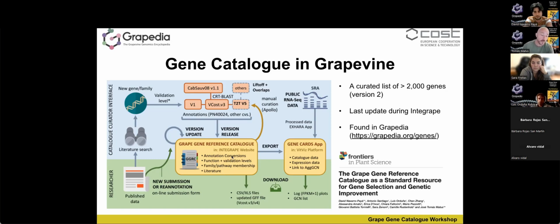One more application of this catalog that we have generated is what is called the Gene Cards app. So it's what you see on the right side of this image.